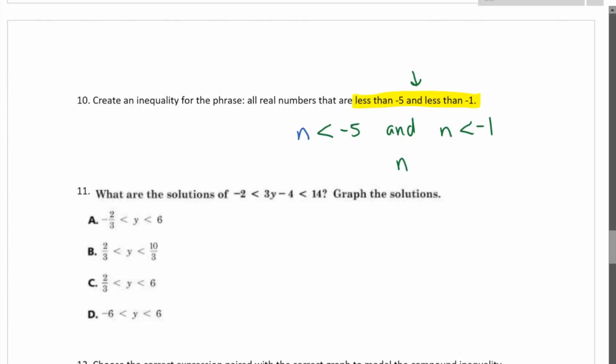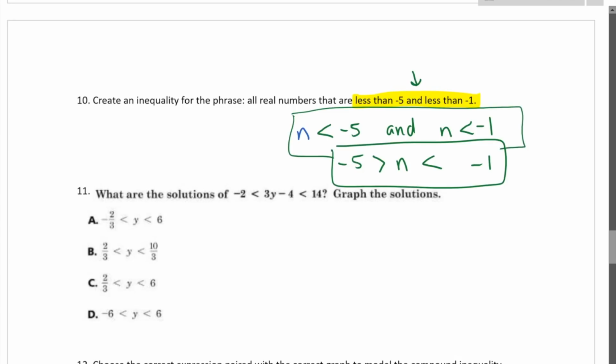Leave n in the middle, and then we are going to put -5 and -1 here. -5 would go this way and this way. This right here would be your answer. Both of these would be your answer. But we're going to go ahead and showcase both.